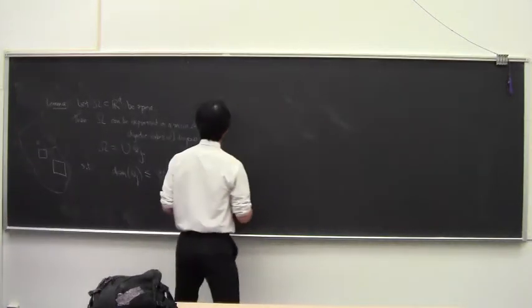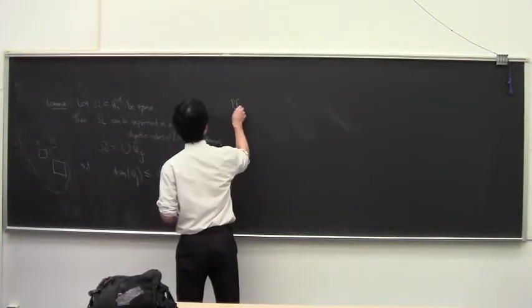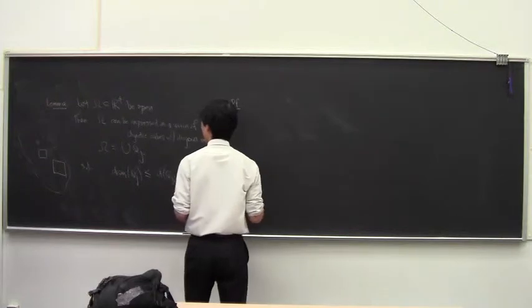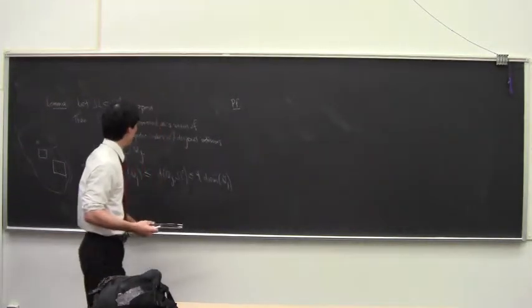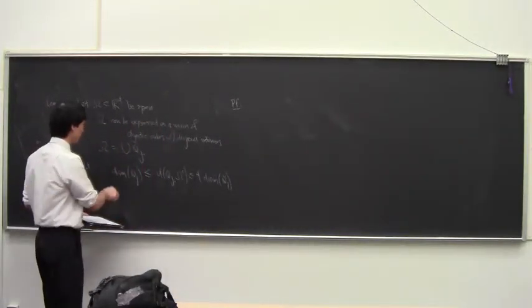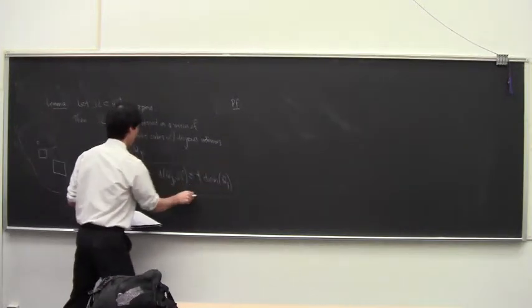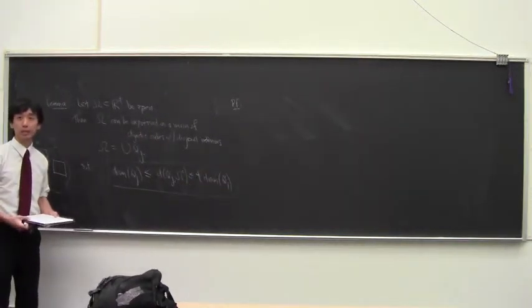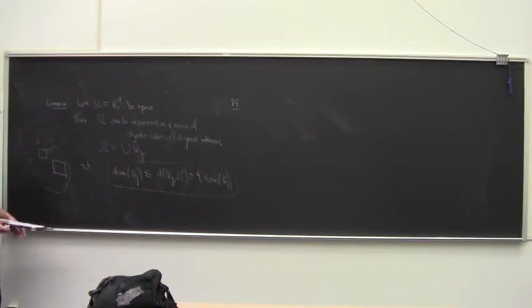The proof of this is actually pretty straightforward. We look at this condition, and we just cover. For every point, we look for a dyadic cube of the right scale, and we cover each point with that cube.